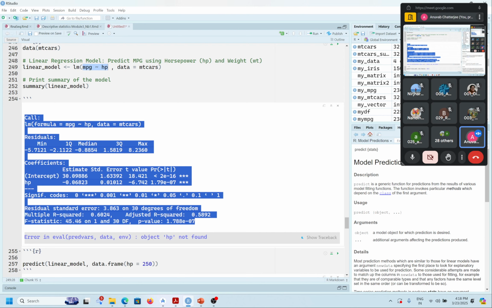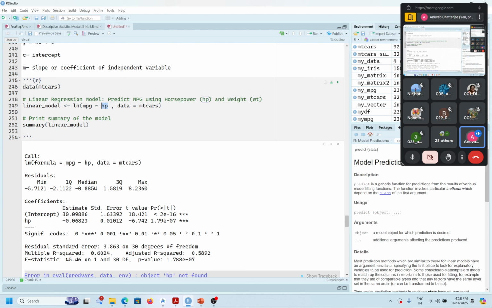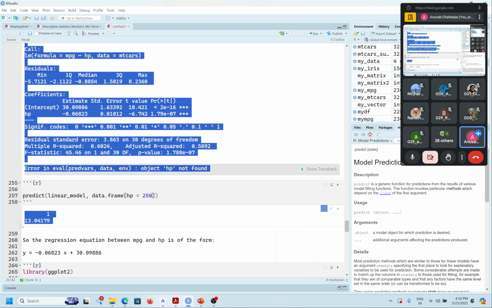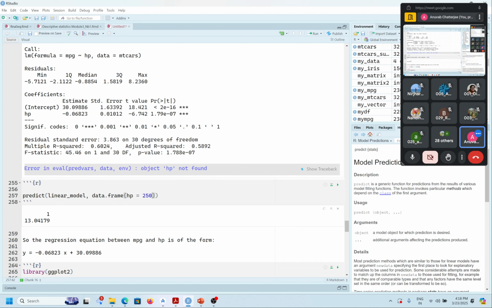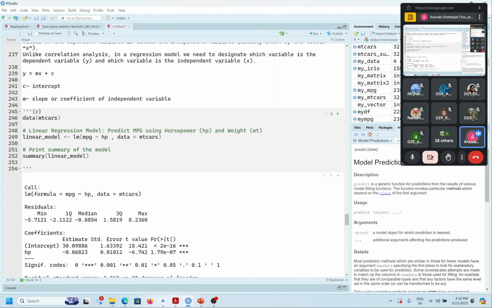And my independent variable is HP, so when I put in my value of HP, it actually predicts a value of mileage. So now I can actually figure out what the value of mileage is depending on the HP.